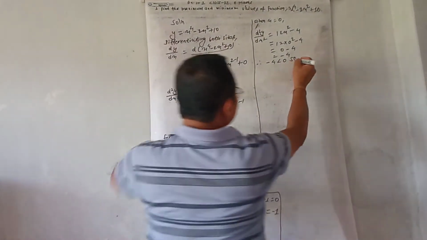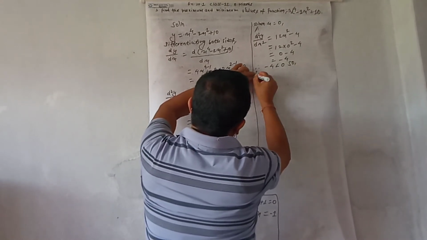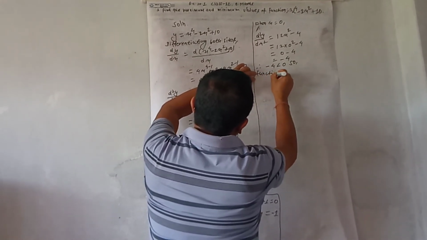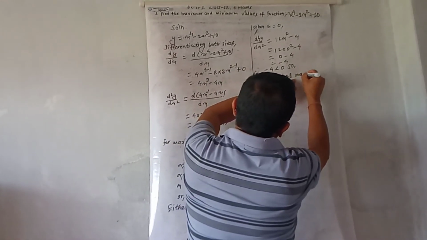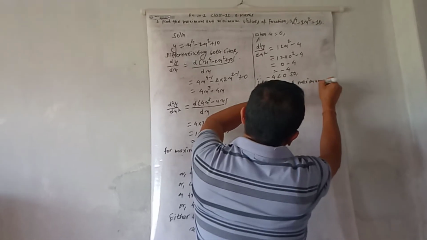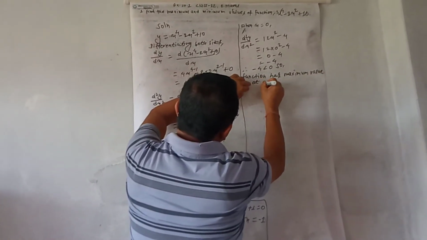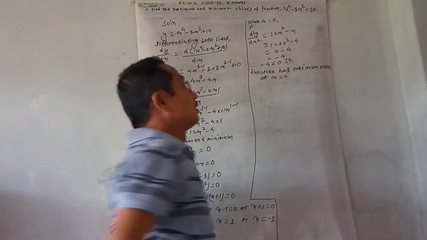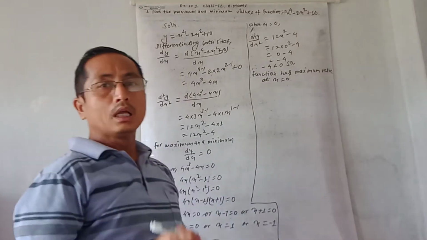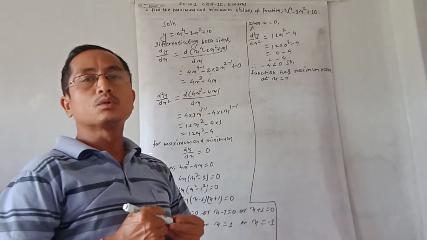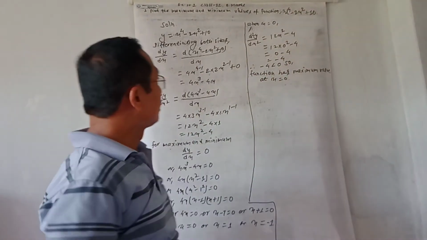So the function has maximum value at x equal to 0. It means when the x value is equal to 0, the function has a maximum value.